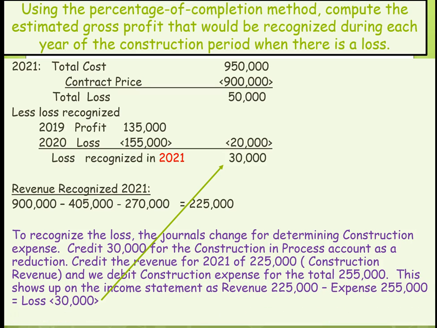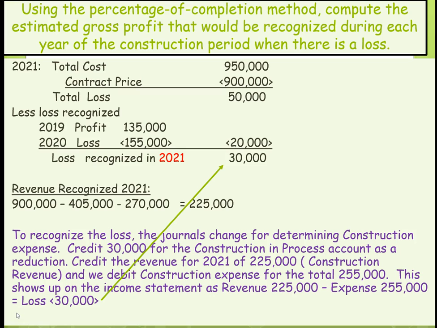So, to recognize the loss, the journal entry for determining construction in process expense, we're going to credit $30,000 for the construction in process account as a reduction, credit the revenue account for $225, and we debit construction expense for $255. This shows up on the income statement as revenue $225, expense $255, giving us a loss of $30,000.